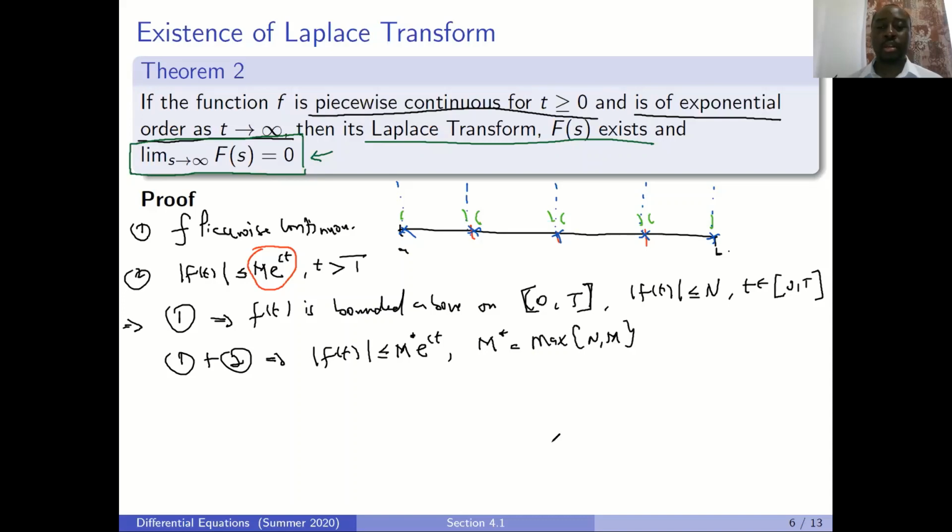Notice here that I could have written this upper bound as n times e to the ct, or e to the c even.